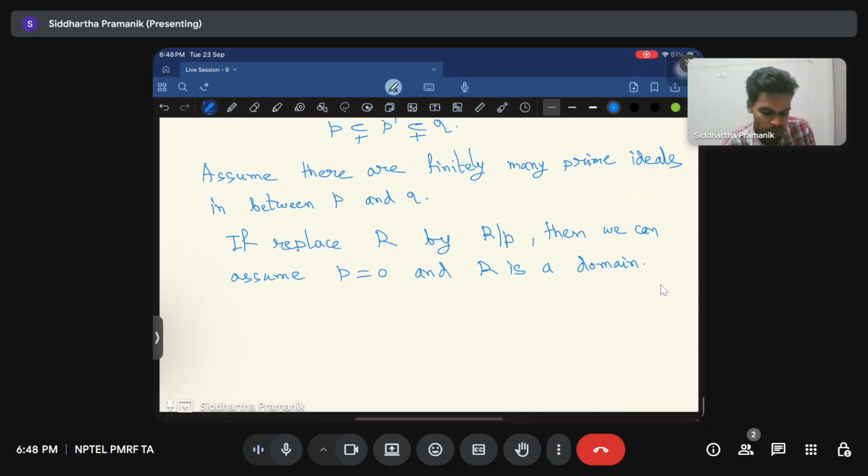So we are assuming P is 0, then R is automatically an integral domain.